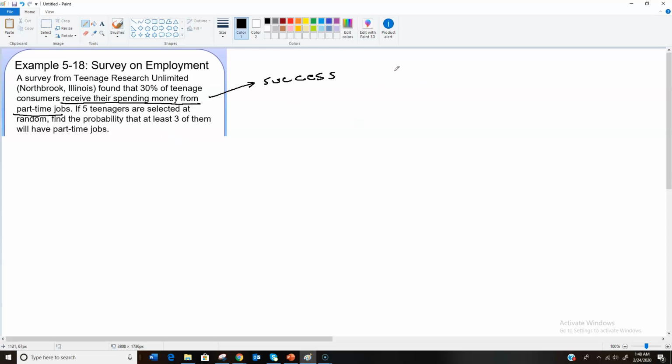So let's look at our formula. Again, P of X equals N choose X, P to the X, Q to the N minus X. So let's write everything out. So our N is how many students we're going to select. It's teenagers.